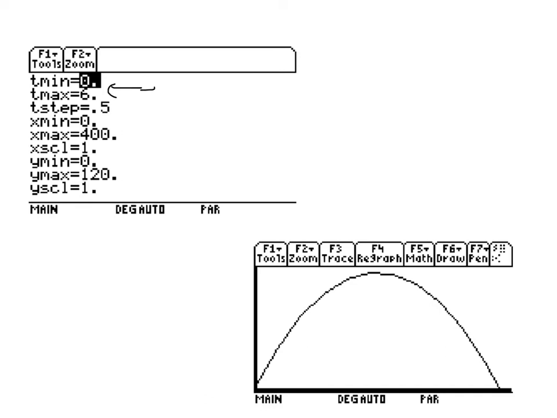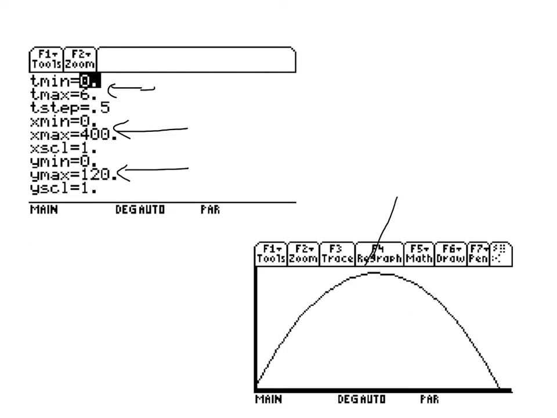I know that the maximum distance the ball traveled, it hit the ground at 385 feet, so I made my X max 400. The maximum height that it reached was 115.89 feet, so I made my Y max 120, and this gives me a nice graph.